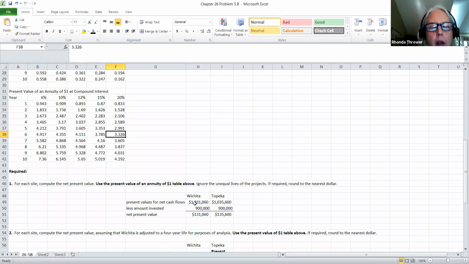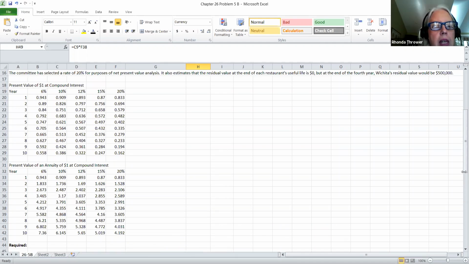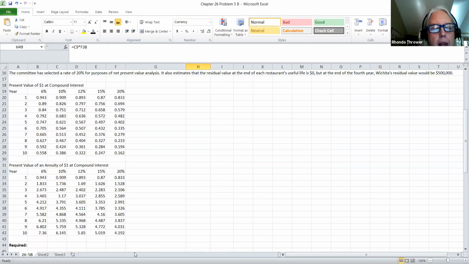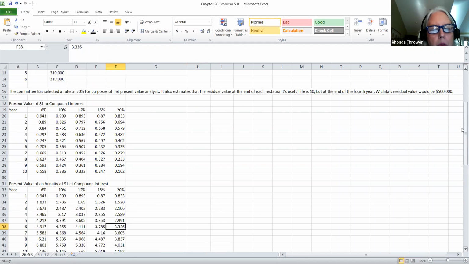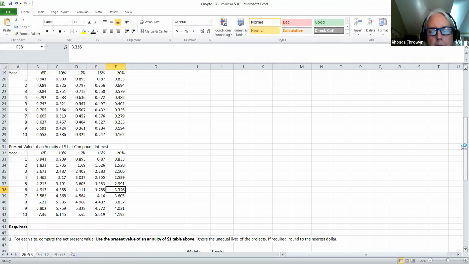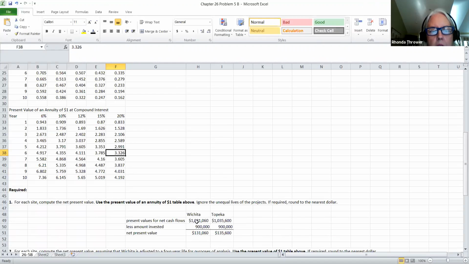So for Wichita, I want to find the total present value. What I have to do is take the amount of the annuity, which is 310,000, and multiply that by the 20% rate at 6 years, because there was a 6-year useful life with this asset, and I'm going to multiply it by 3.326, and that will give me my present value amount.